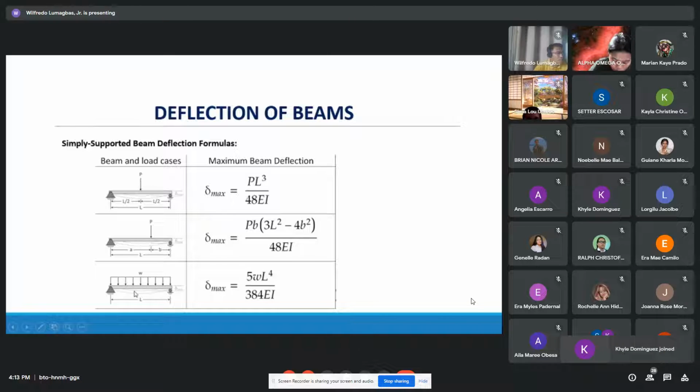Another case is the uniform load on a simply supported beam, and as we discussed, the maximum deflection is equal to 5WL to the fourth all over 384 EI.